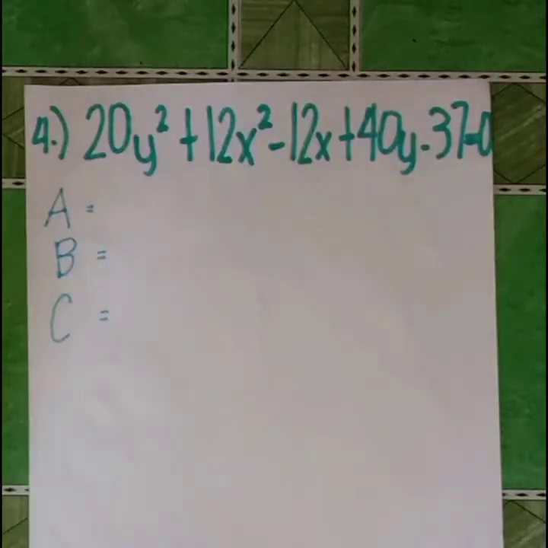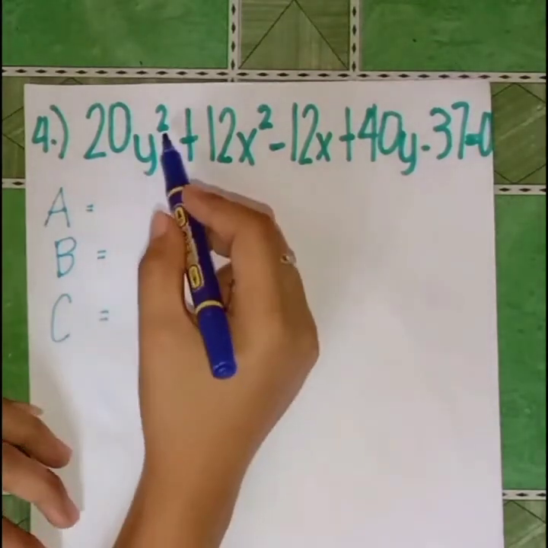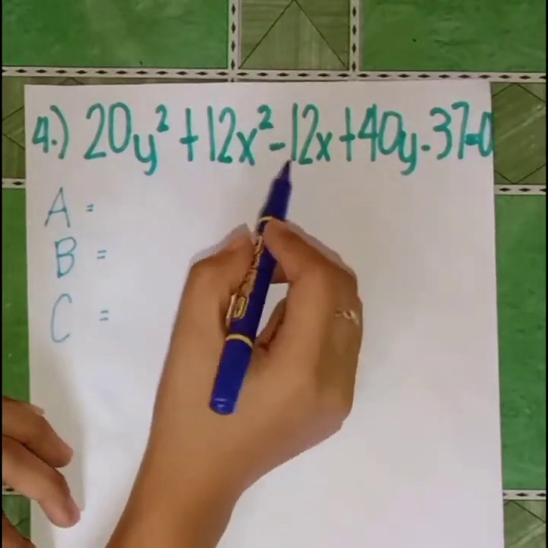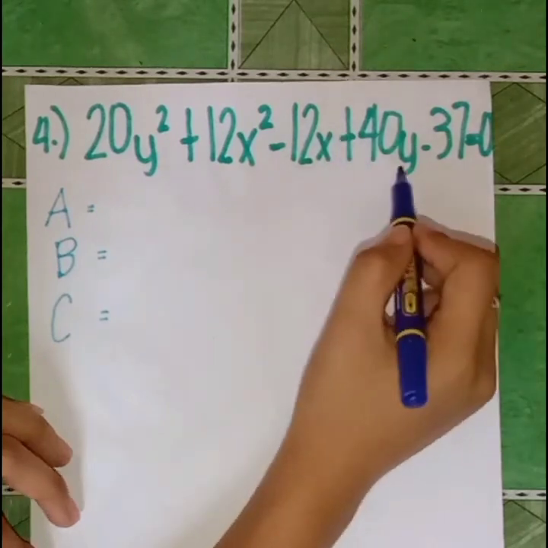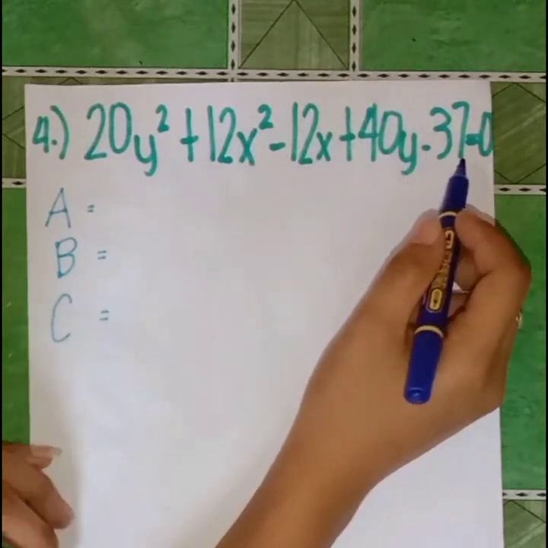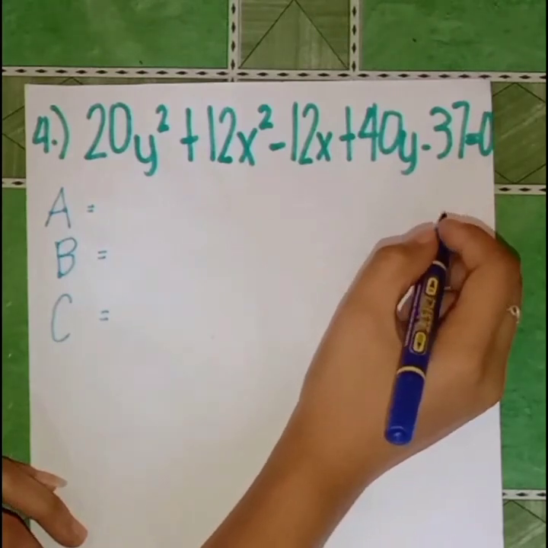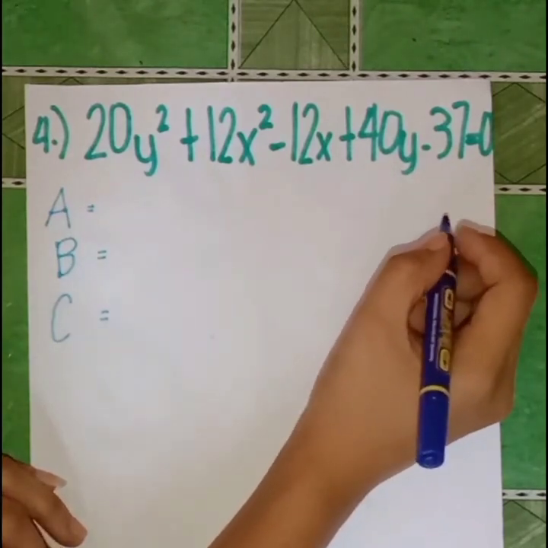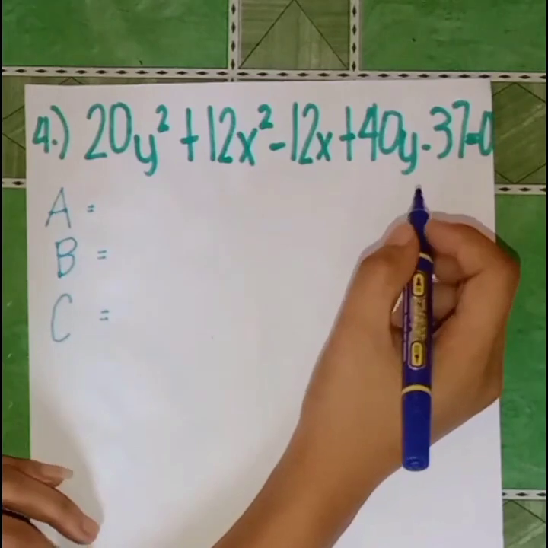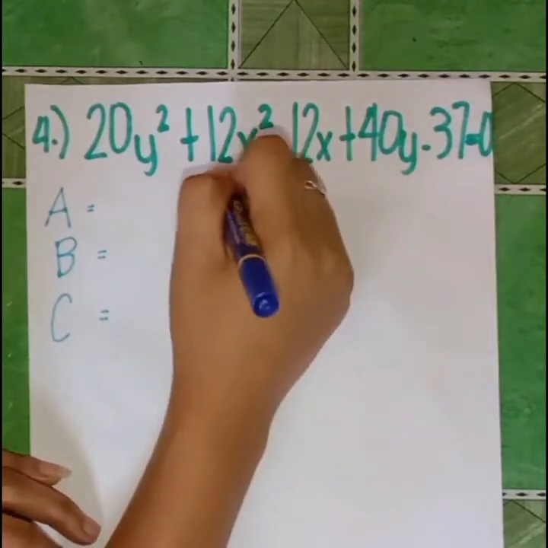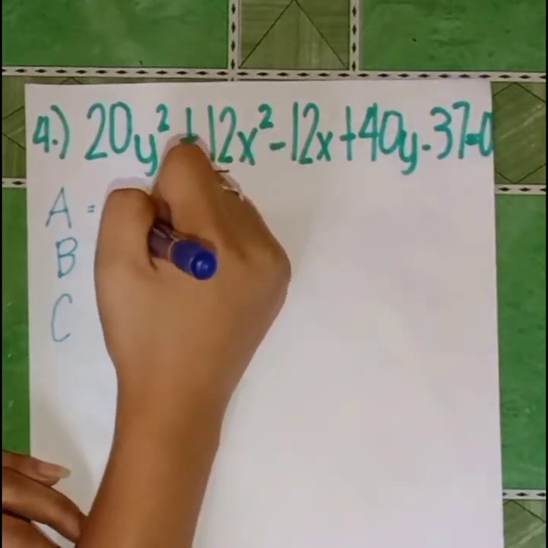Another example is 20y squared plus 12x squared minus 12x plus 40y minus 37 is 0. First, we will identify the coefficients A, B, and C. Our coefficient A is equal to 12.